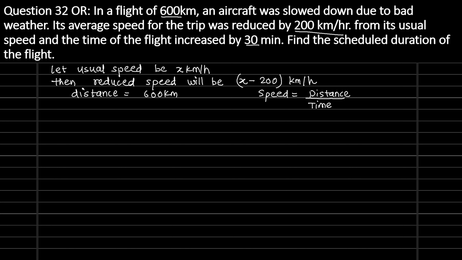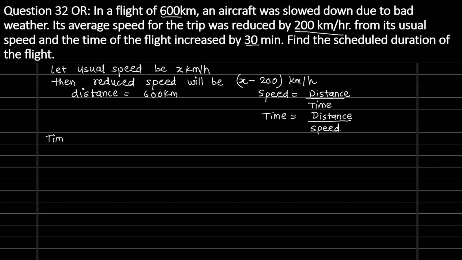Since we have been given the relationship in terms of time, we will write down that time is equal to distance divided by speed. First of all, what would be the time when the speed is reduced?